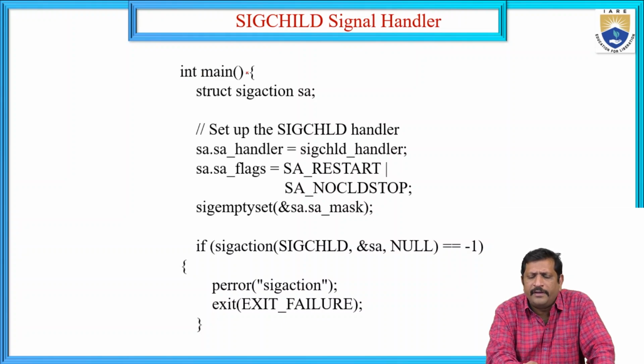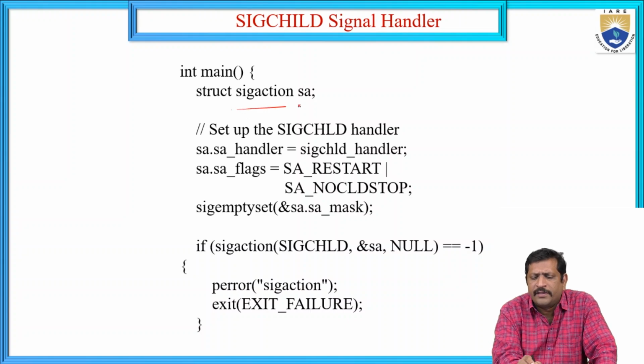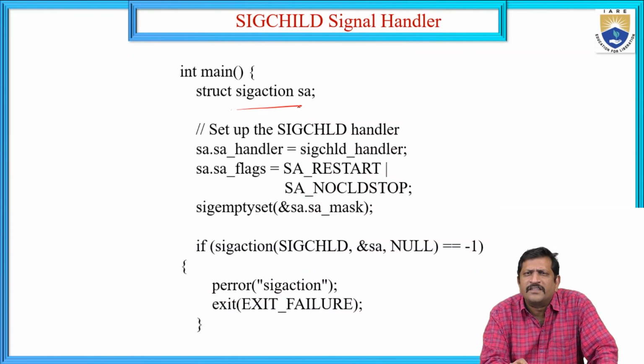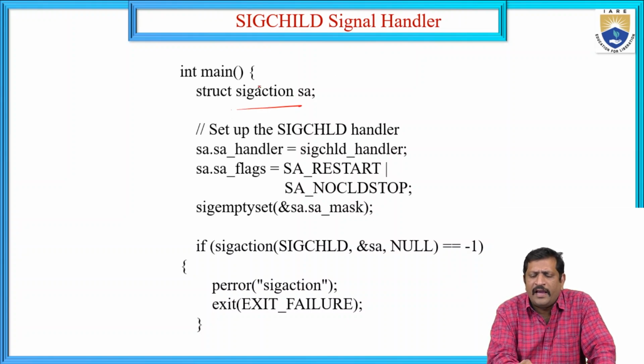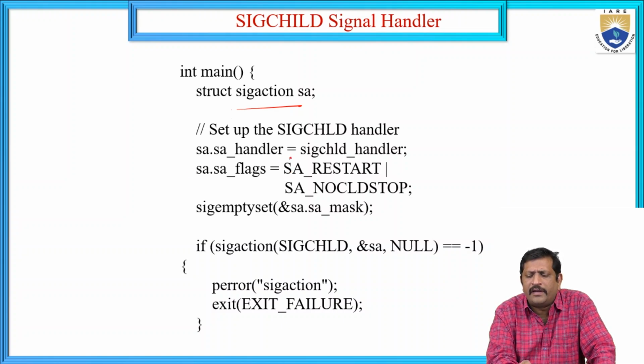So in the int main function, the initialization is a sigaction, that is a signal action. Sigaction is a structured data type. Once after initializing the signal action, now we have to set up the SIGCHLD handler. The code is sa.sa_handler equals sigchld_handler.